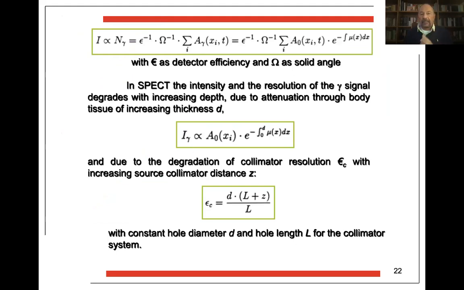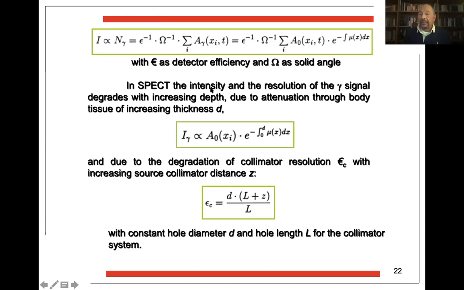What is the physics here? The intensity of the signal is proportional to the number of gammas, and this can be given by this formula, where epsilon is the so-called detector efficiency, and omega is the solid angle.